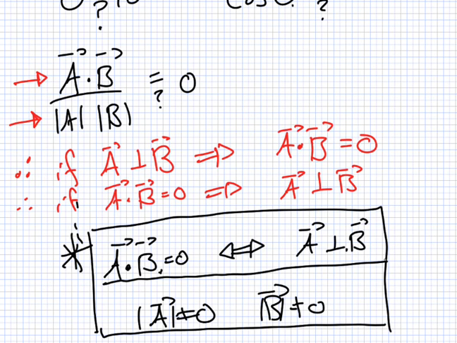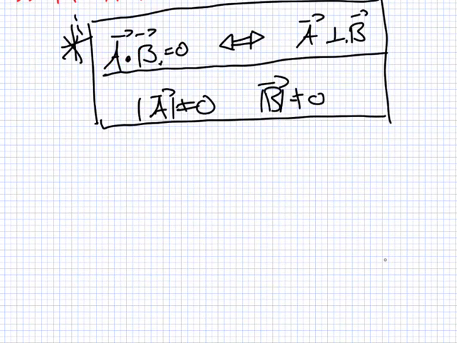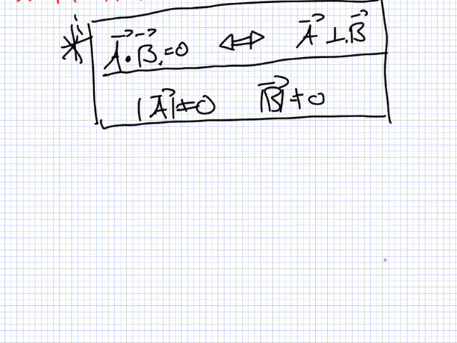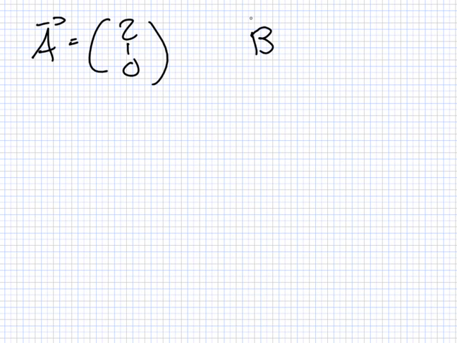Okay. So I'll scroll down. Do you have this result written down? You have it, yeah? So I'll give you two vectors and I want you to work out if they're perpendicular or not. So vector A is 2, 1, 0, and vector B is 1, minus 2, 5.